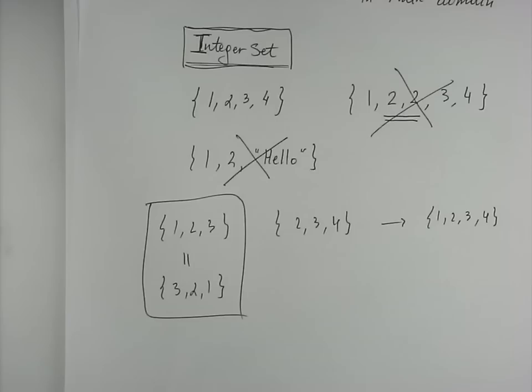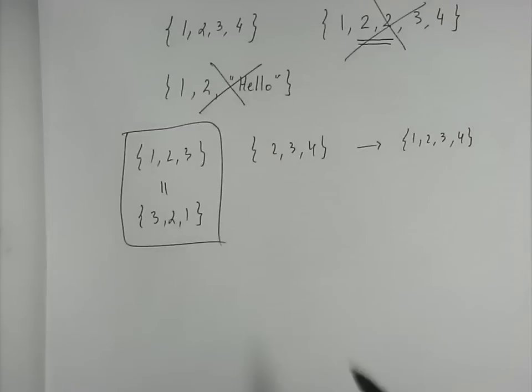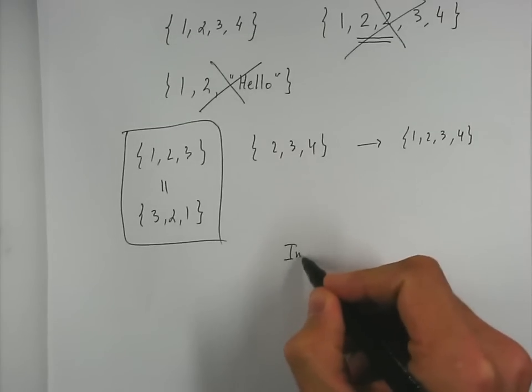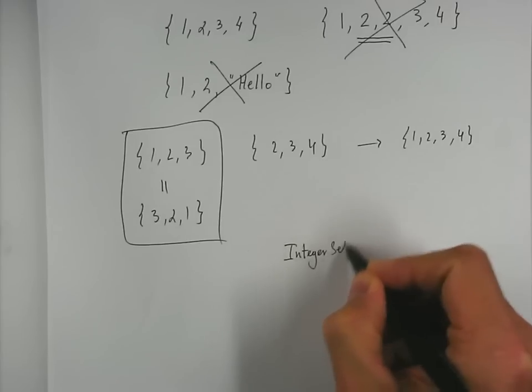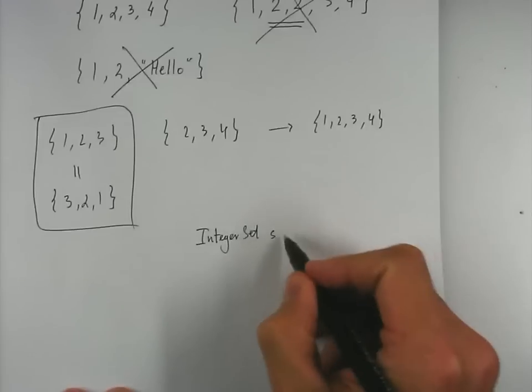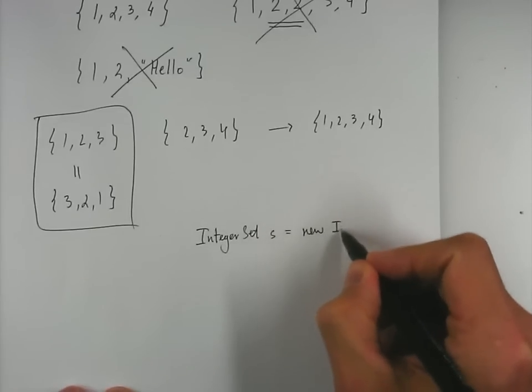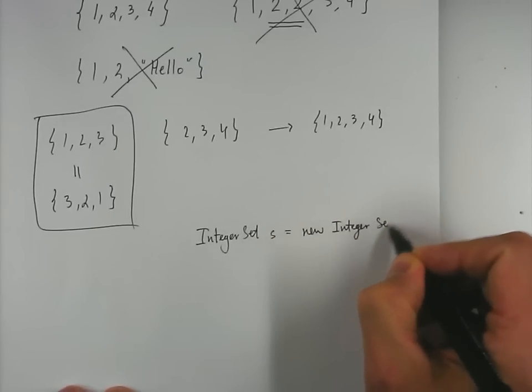Let's do insert. What does insert require? Don't you need a set to begin with? Yeah, you need a set to begin with, but insert is already called on an instance of a set. In order to use these methods, I'm going to have something like integer set s equals new integer set. So now s is an integer set.